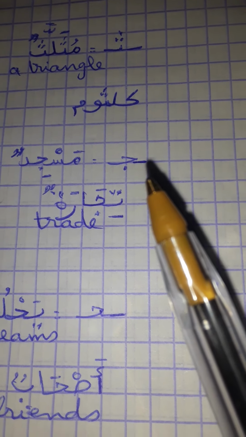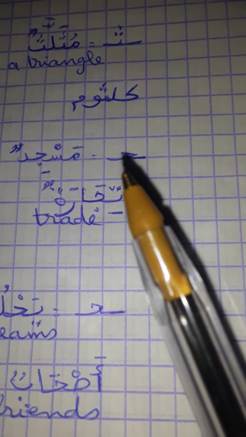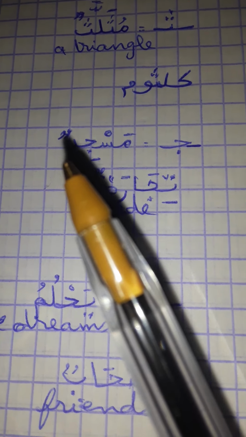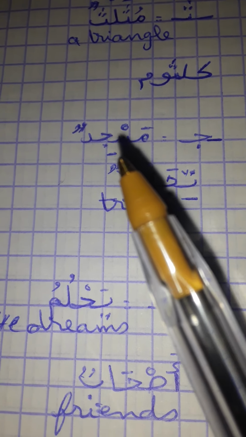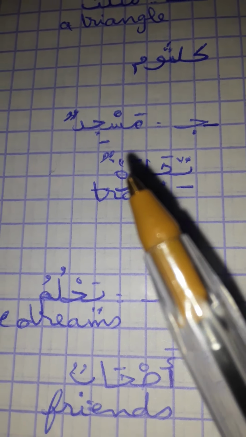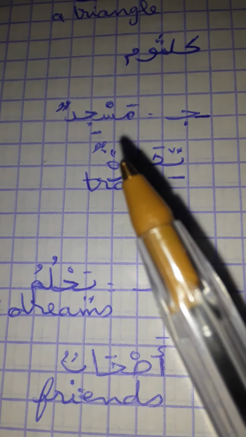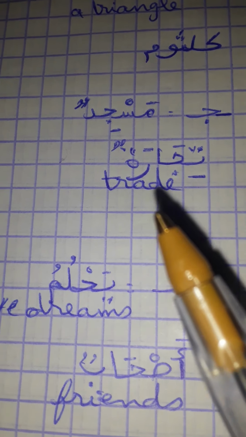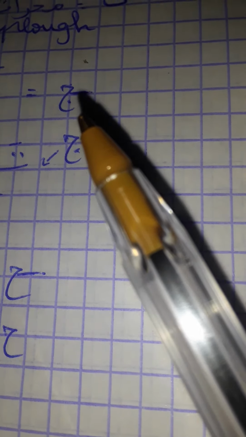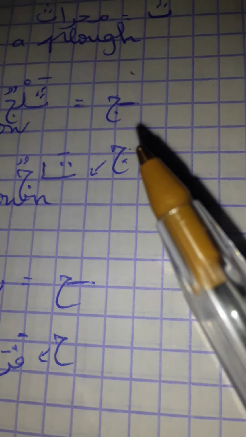In the medial form, we draw the connecting line, then the jim. Example: masjidun, a mosque. Okay. Tijaratun, or in English, trade. In its final form, we draw the connecting line, then the jim.